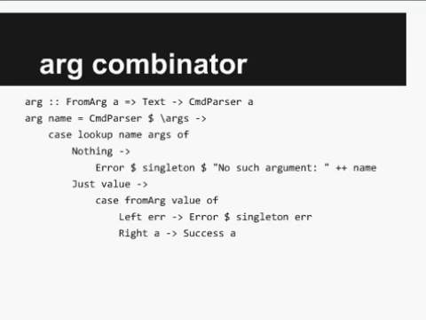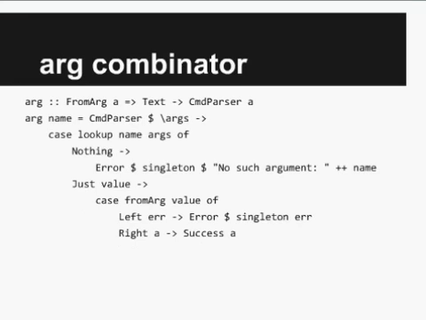We're building up a function inside which takes the command line arguments and is going to do a lookup. If the lookup fails, then we say that that argument isn't available. If that argument is found, then we'll go ahead and use the fromArg function from the FromArg type class to try to parse it. If the parse fails, we'll return an error message. Otherwise, we'll return a success.